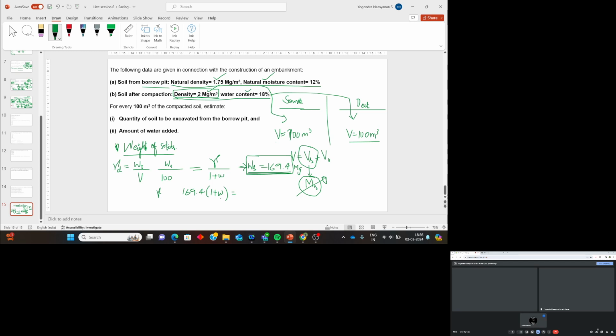What w will you be substituting here? 0.12, it is for the borrow pit. So you have to substitute 0.12. 189.72. So the quantity of soil excavated is 189.72 megagrams. That is 189 tons.